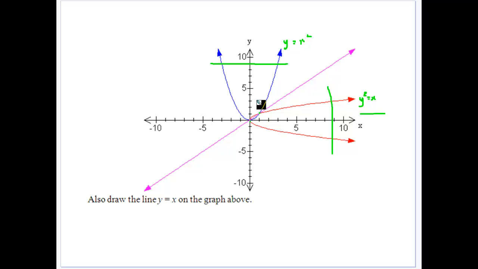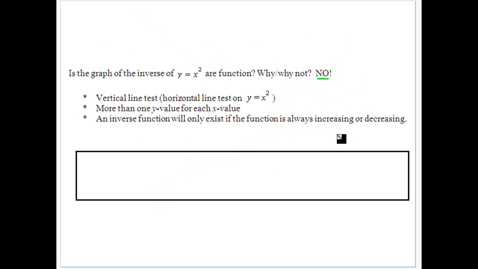We will have the curve falling and then rising, or rising and falling, and it will have more than one x value for every y value, which is going to become more than one y value for every x value. So that's going to be the problem. So if the curve is always increasing or always decreasing, it will have an inverse function.